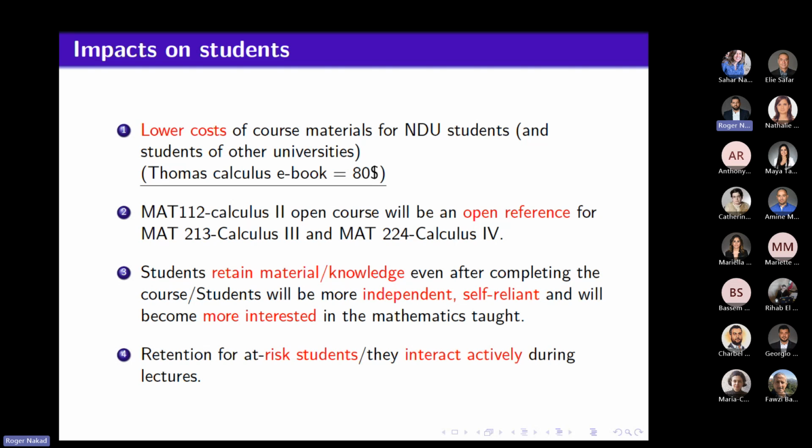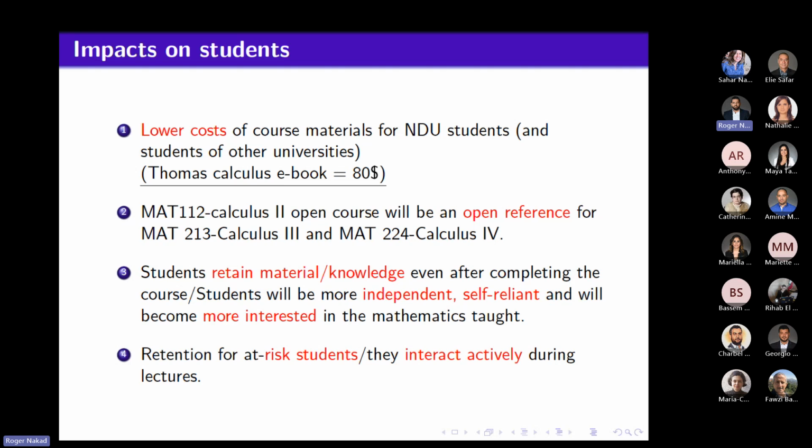So this course stays now as a free, open reference for all the other math courses at NDU. For example, a student in Calc 3 who is not able, or would like to come back to some material in Calc 2, has full access to all material of Calc 2.